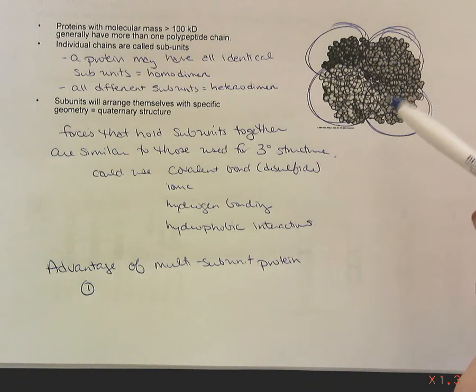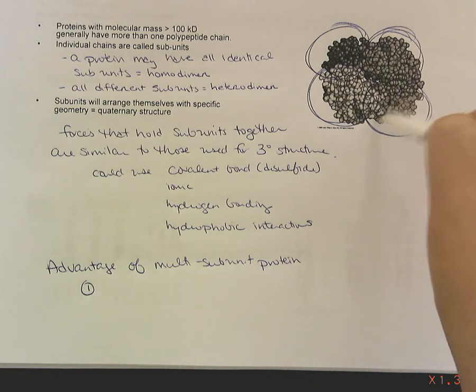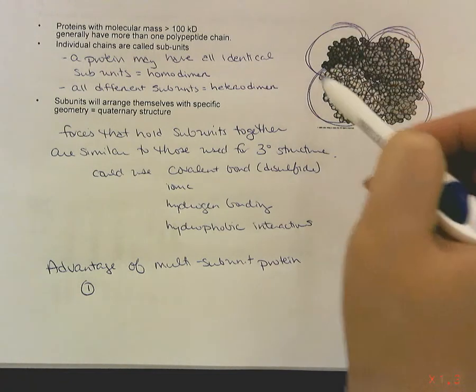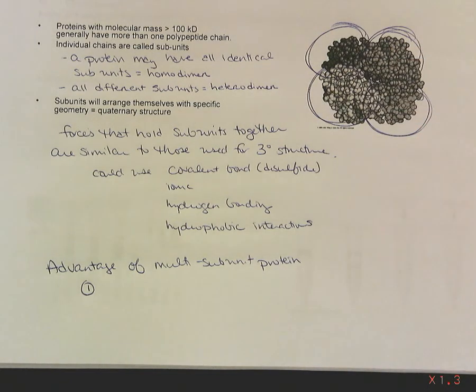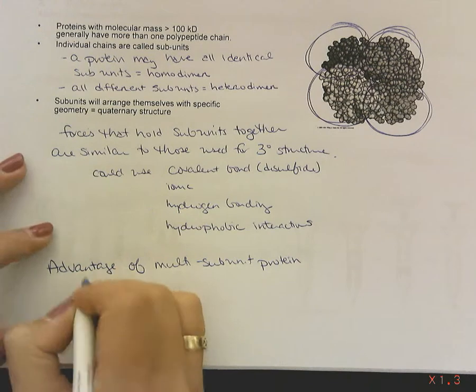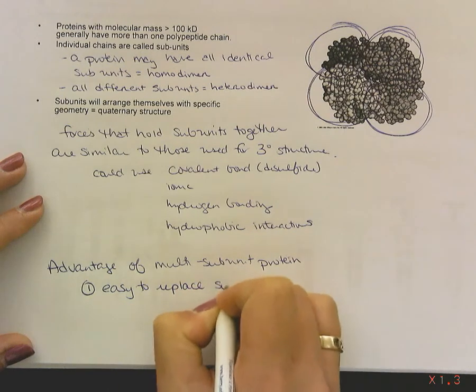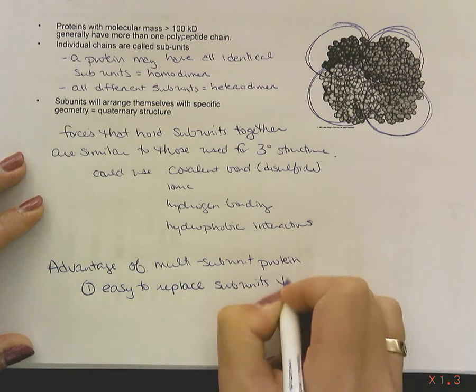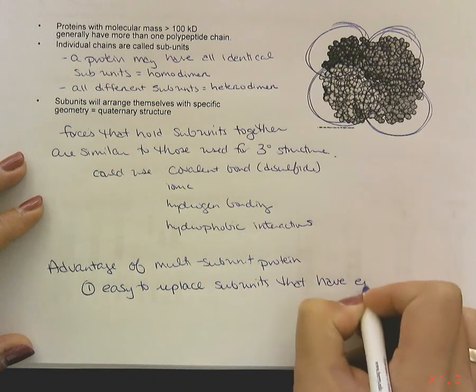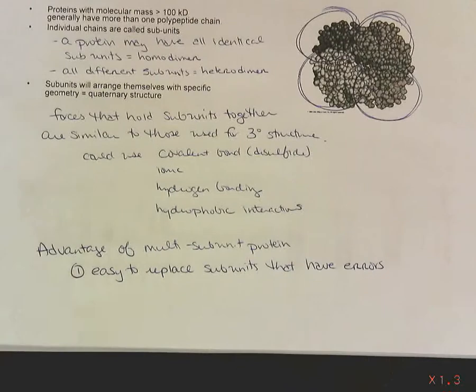So if one is folded incorrectly, we can easily replace that subunit, and we don't have to replace the whole protein. Like if one tire on your car is bad, you don't have to replace all four tires. You can replace just the one that's bad. There are checks and balances in the system, so if one did get misfolded, it shouldn't be part of the whole protein.